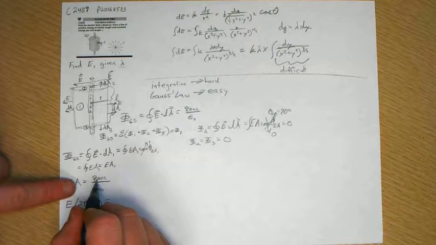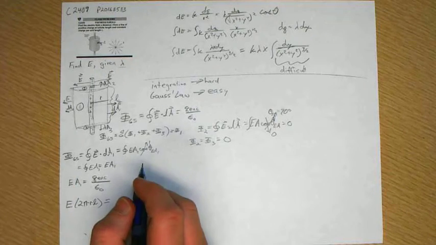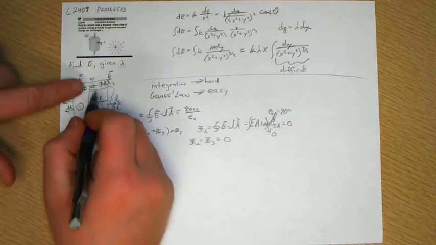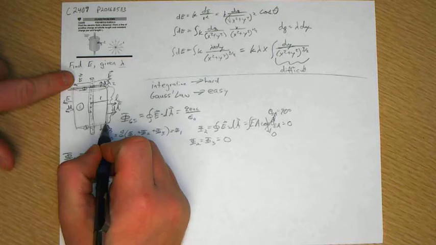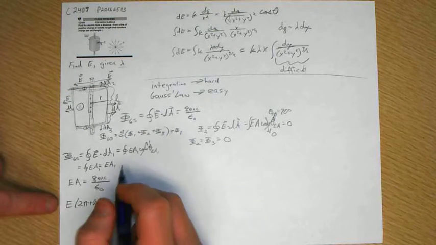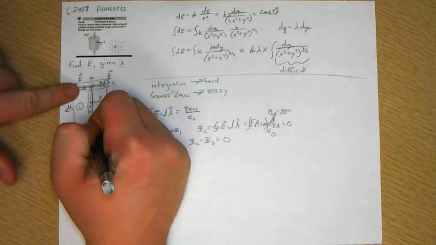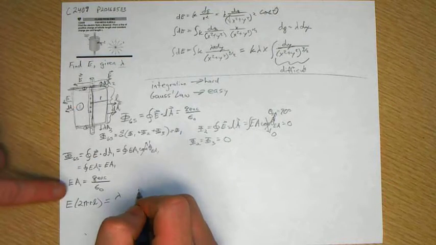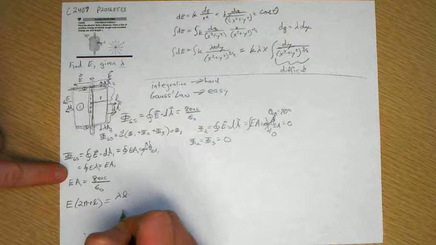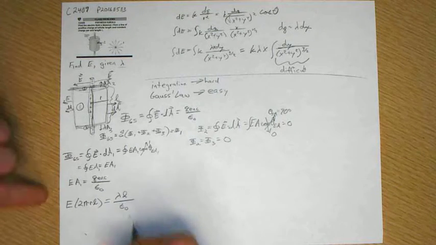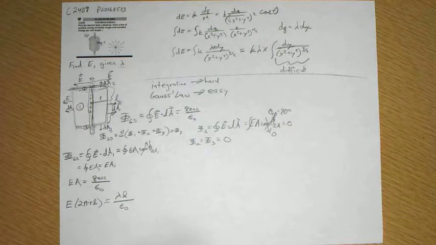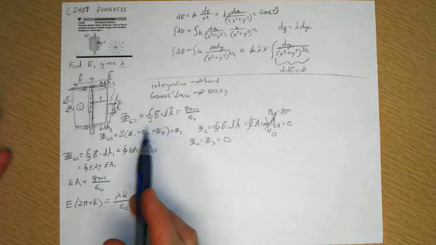And what is the charge enclosed? Well, that is going to be just the charge enclosed by the cylinder, remember? So that is going to be the linear charge density lambda multiplied by that length that is enclosed inside the cylinder. So that would be L. Well, the problem doesn't tell us what L is.